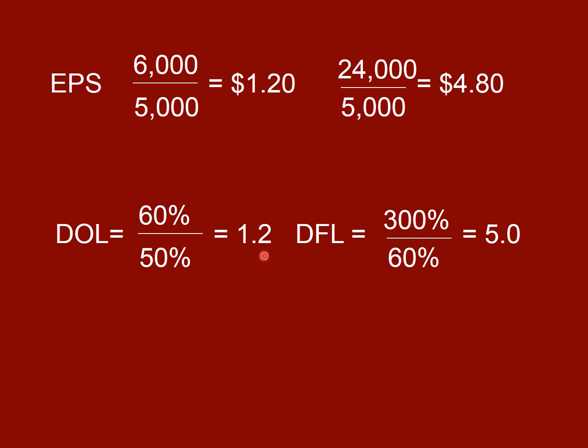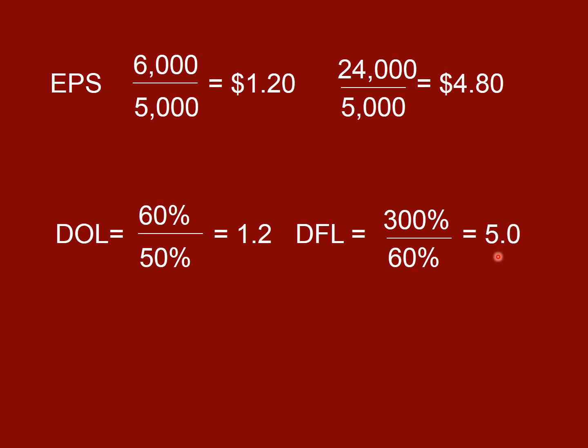We have a very low degree of operating leverage, so not a lot of fixed operating cost. Here's where all the leverage is: the degree of financial leverage. If you look at the percentage change in EBIT versus the percentage change in earnings per share, that gives you your degree of financial leverage, which is 5.